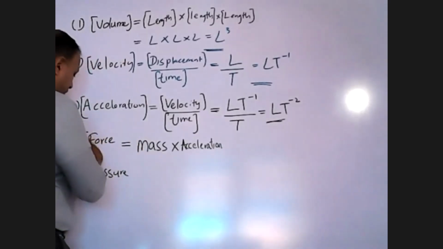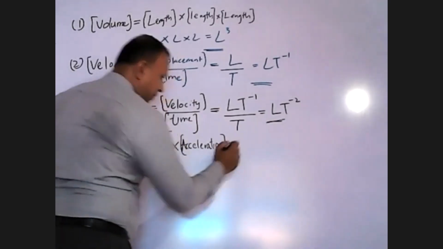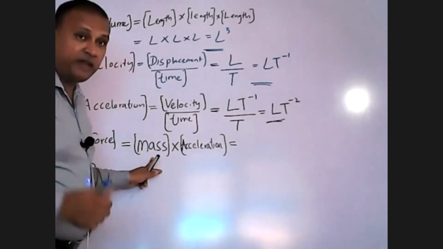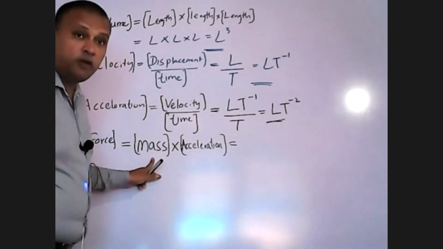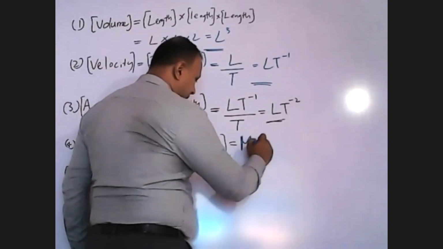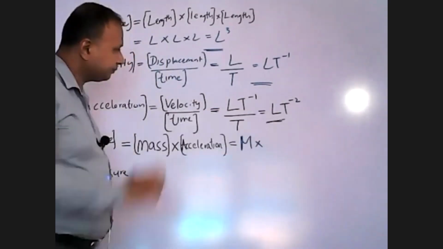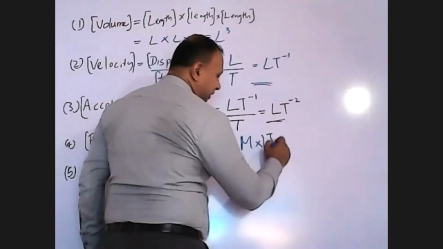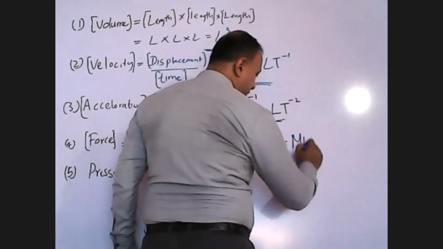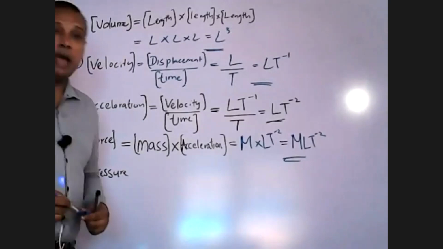The dimension of force is equal to the dimension of mass into the dimension of acceleration. We know the dimension of mass; we have defined that one. Dimension of mass is equal to M, capital M. And dimension of acceleration, we have found this out, is LT minus 2. So this is equal to MLT minus 2, very important dimension. MLT minus 2.